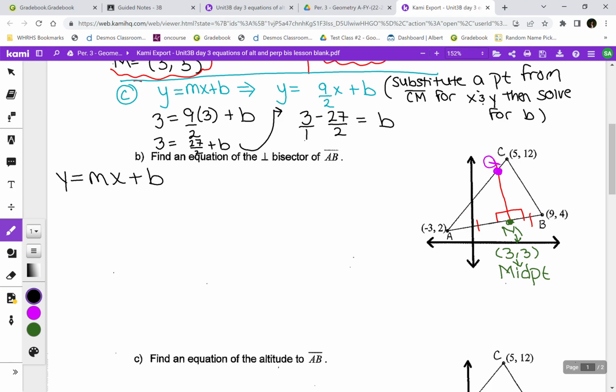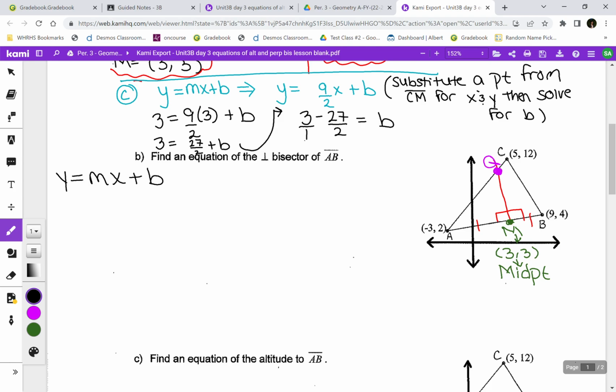So now AB and QM, what's their relationship? They're perpendicular. Now, perpendicular lines have a relationship between their slopes. What is the relationship between their slopes? Julia? They are opposite reciprocals.